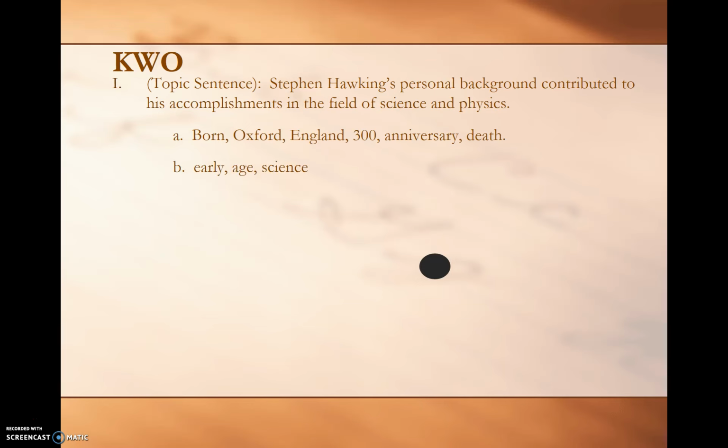We also know from that PBS source that he was interested from an early age in science, also mathematics. So I'm going to go ahead and put that into my second detail. And by the way, while we're doing this, you guys, keyword outlining these sources is going to do a few different things for you. For one thing, it's going to help you organize your rough draft.